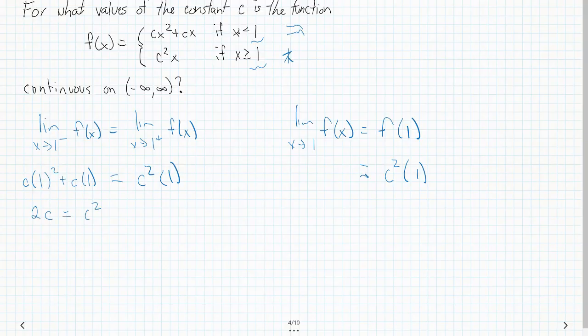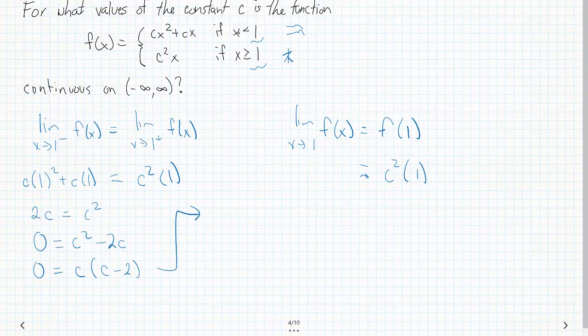Now most people would solve this by saying, let's divide by c, but you actually lose a solution along the way. So what I do, this is a quadratic, so you subtract the 2c from both sides. You get c squared minus 2c. Notice that both have a factor of c, so you get c times c minus 2 as your factors.